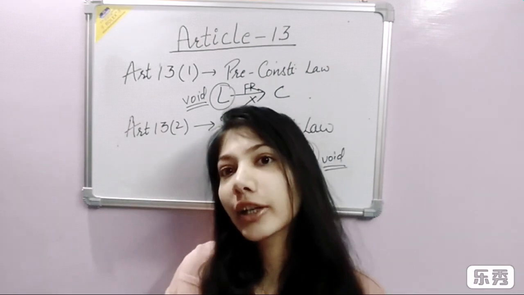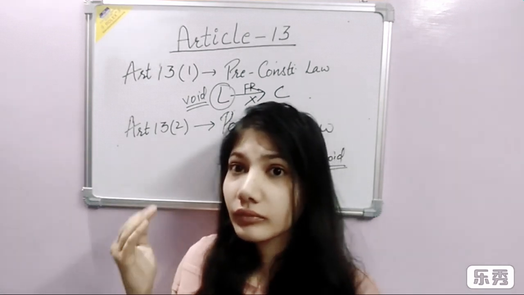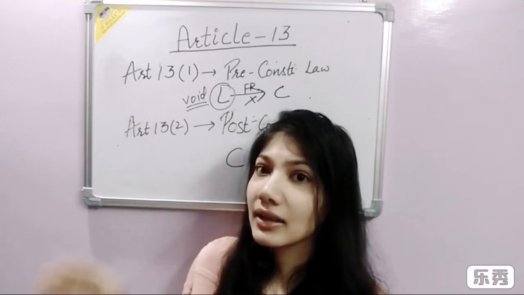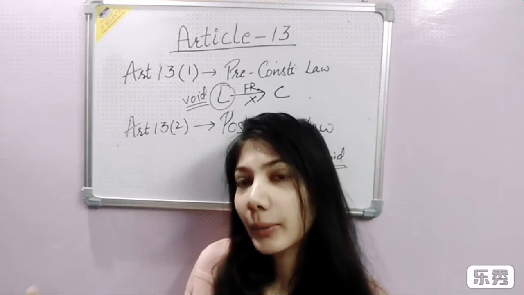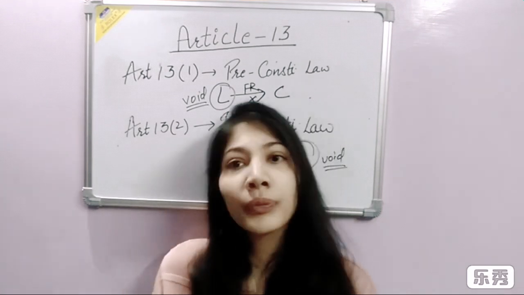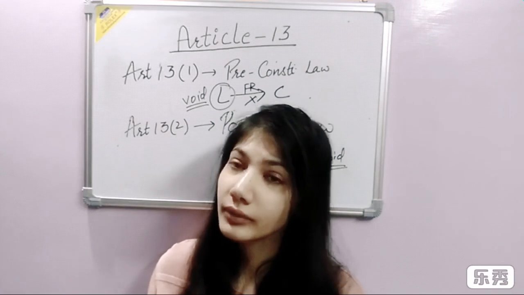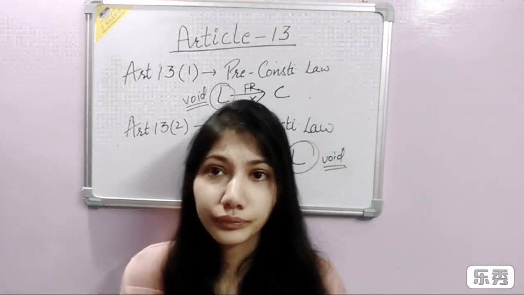It will be treated as dormant, means it will go into silent mode, till there is some amendment in the fundamental rights regarding that law. Regarding that law, it will remain in a dormant condition.